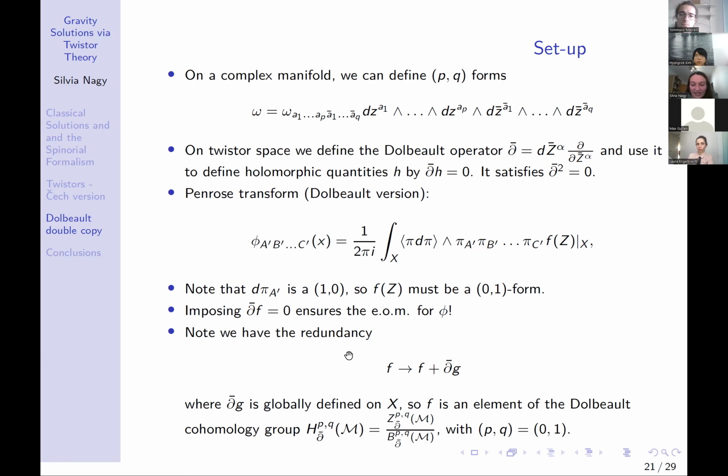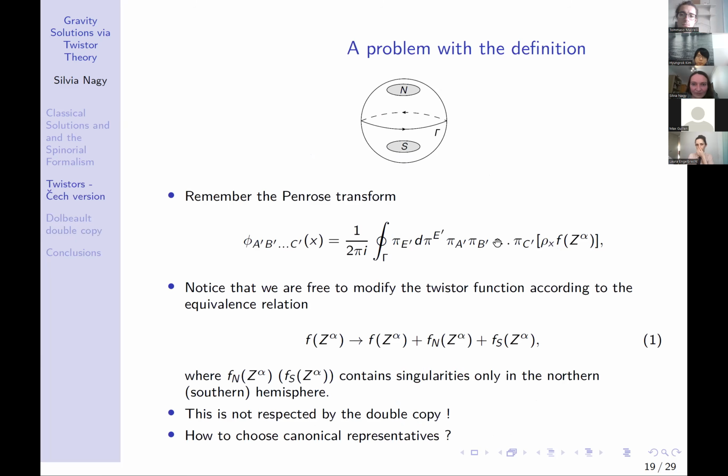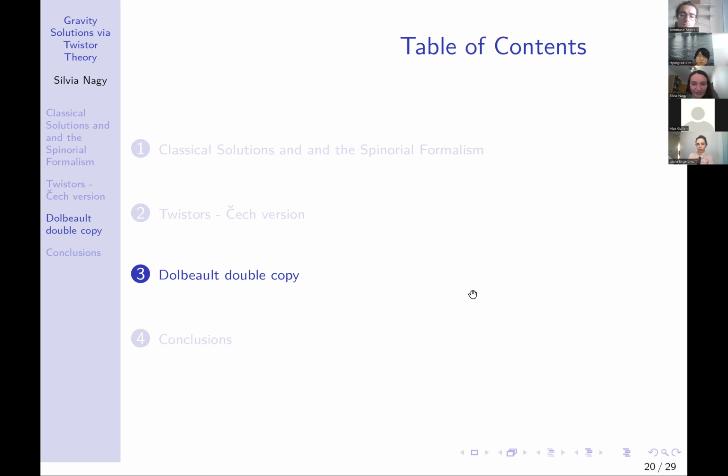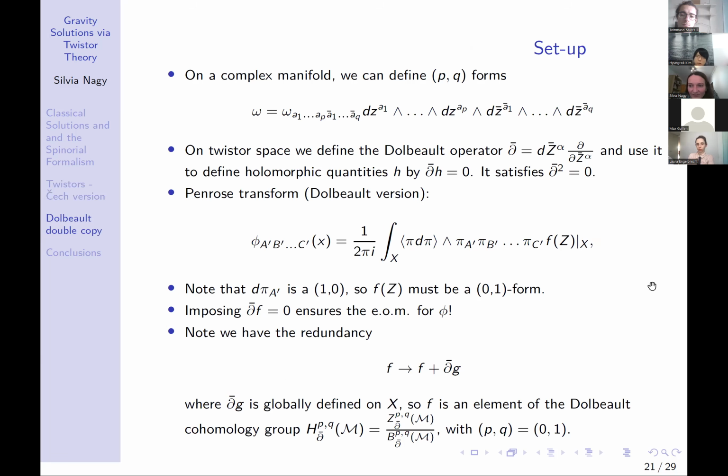Again, we have this redundancy. Remember, we had the redundancy when we had an absence of poles in the north or south hemisphere. Now we have a redundancy that actually looks a little like things you are familiar with from gauge theories.